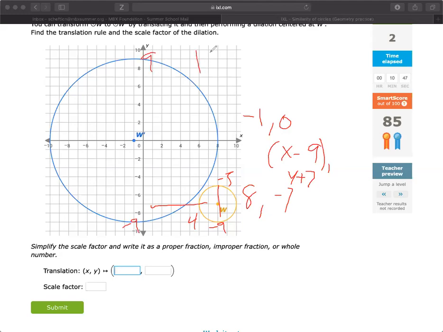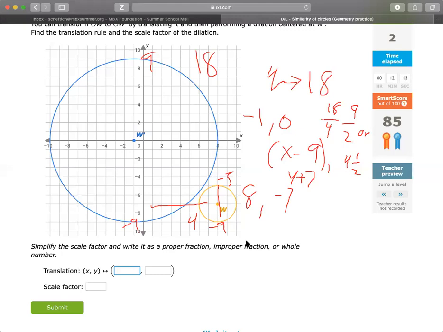Okay, so that one's going to be 18. So this one is going from 4 to 18. All right, so let's figure that out real quick. Reduce that down, 2/9. Going from 4 to 18, so that's going to be 4.5 times.